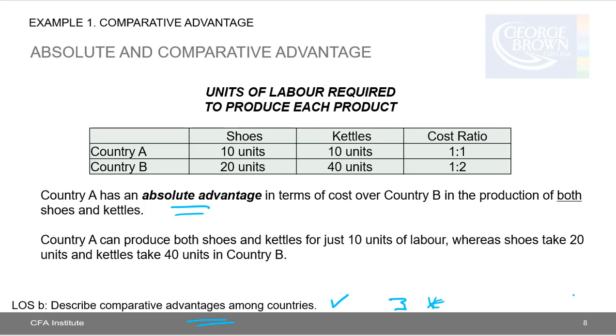The combination of specialization and international trade ultimately benefit all countries, leading to a better allocation of resources and increased wealth. So we're going to consider the cases of these 2 countries, country A and country B. Okay, where there's demand for 2 different goods, we're going to look at shoes and kettles.